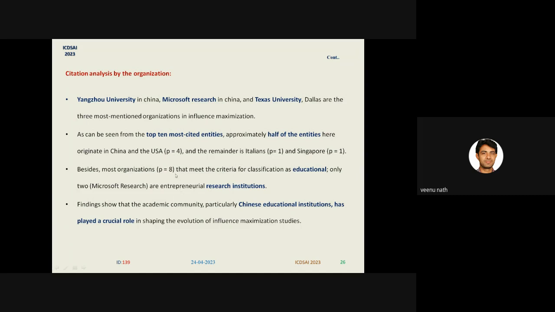Out of the top 10, I found that 8 are educational institutions and 2 are research institutions. The finding shows that the academic community, particularly Chinese educational institutions, has played a crucial role in shaping the evolution of influence maximization.